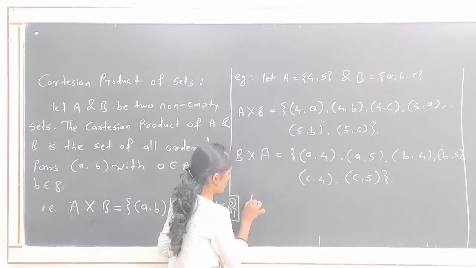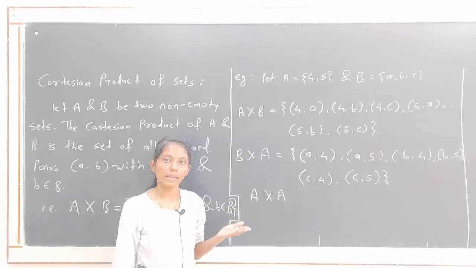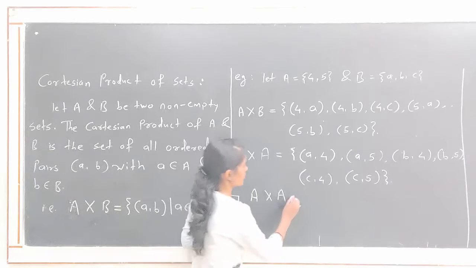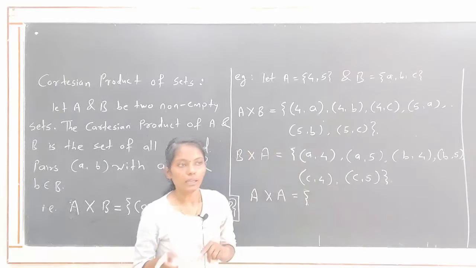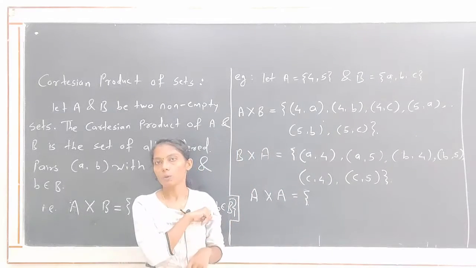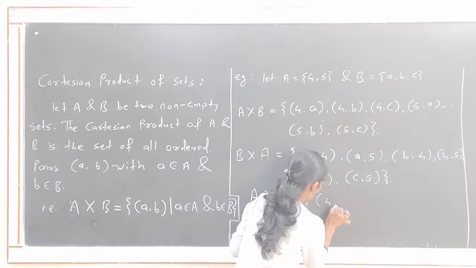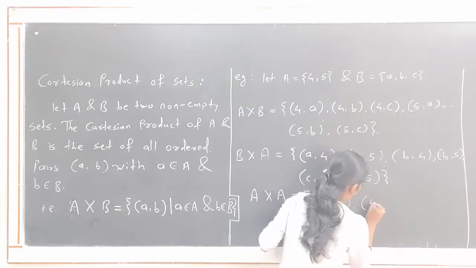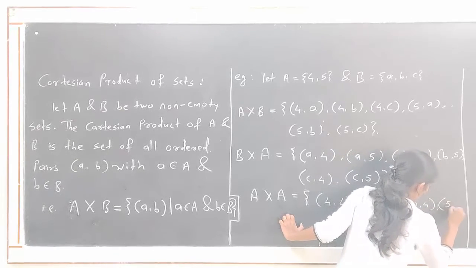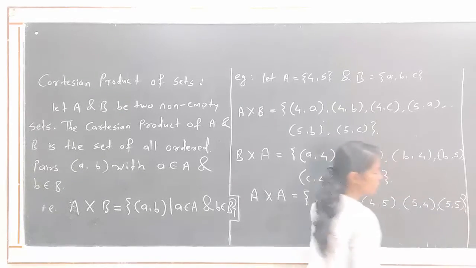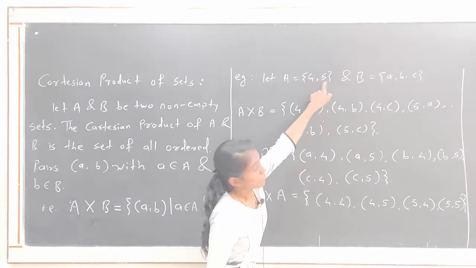Now we want to find the Cartesian product of A cross A, the Cartesian product of A with A. Okay. So here we consider a belongs to A and b again belongs to A. That means we get A cross A. So (4, 4), (4, 5), then (5, 4) and (5, 5), right? (4, 4), (4, 5), (5, 4), (5, 5).